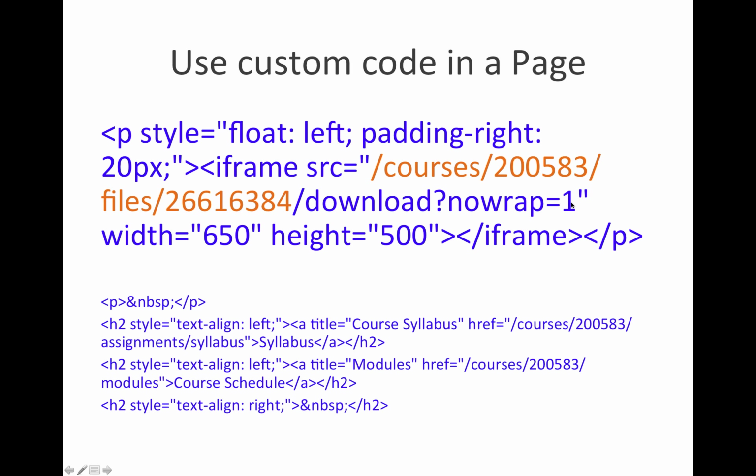That's going to display the HTML page without any of the Canvas framing. So you can just take this code, which I have put into the description on this video, swap out the information pointing to your HTML file here, and you'll be good to go.